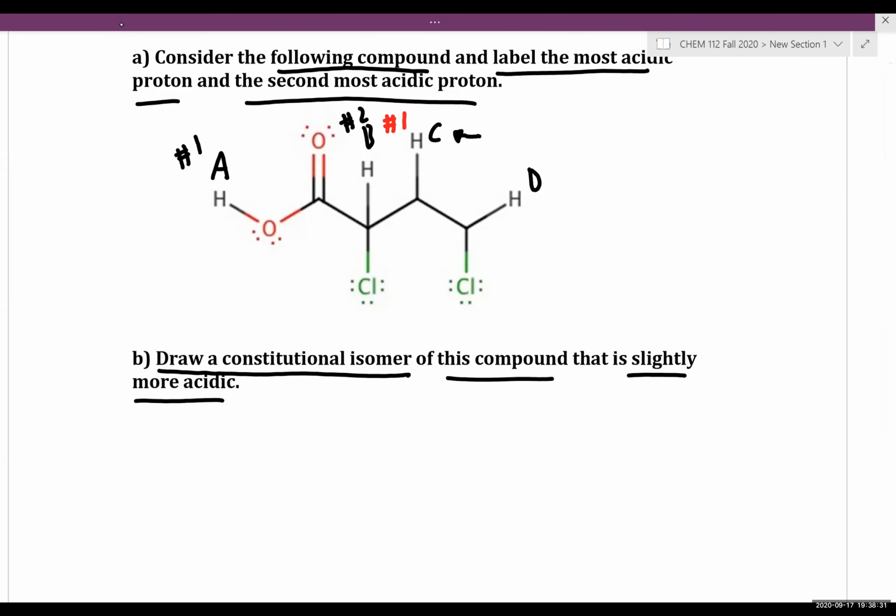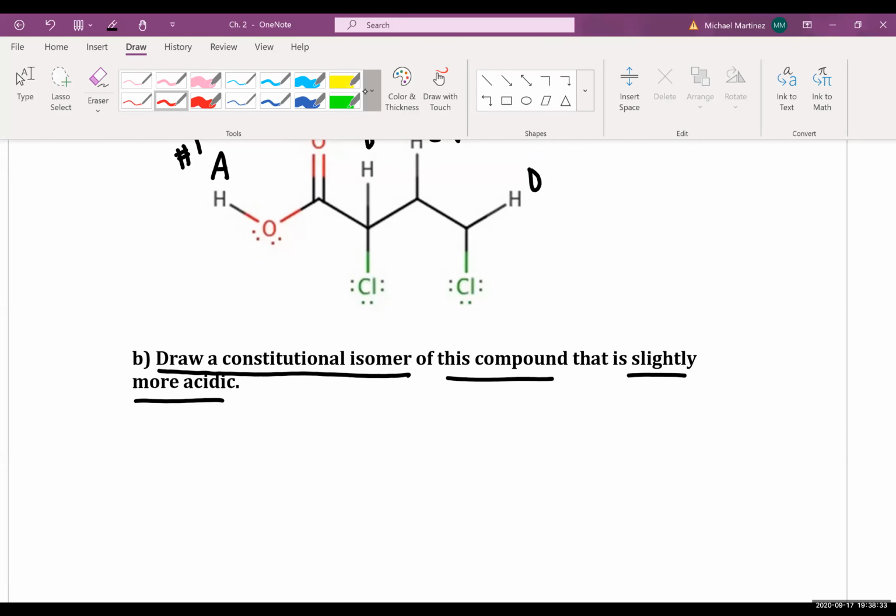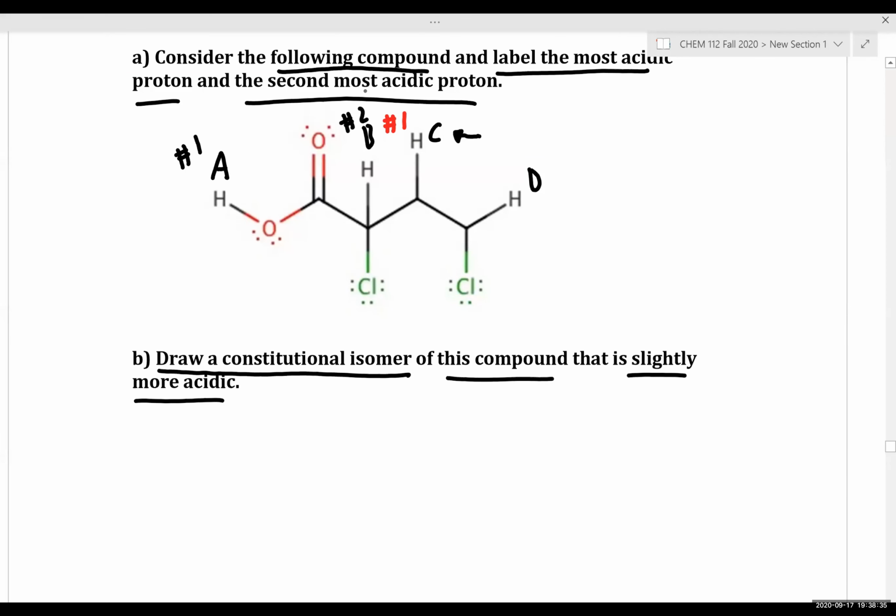Okay, so let's discuss and let's use our criteria. So thinking about our criteria, if we consider atom effects, which atom can more readily stabilize a negative charge? Oxygen or carbon? Which atom can more readily stabilize a negative charge?